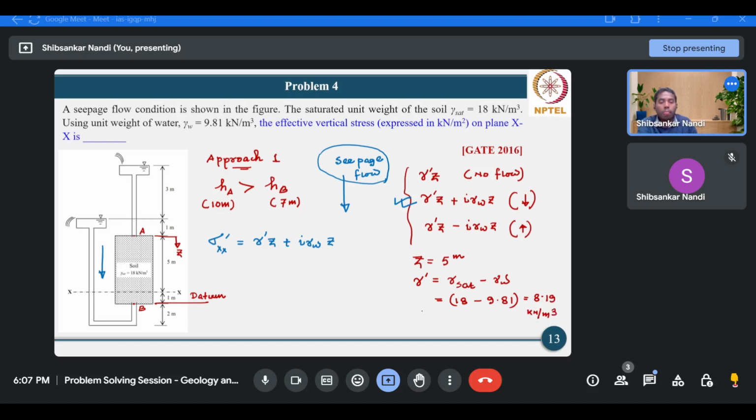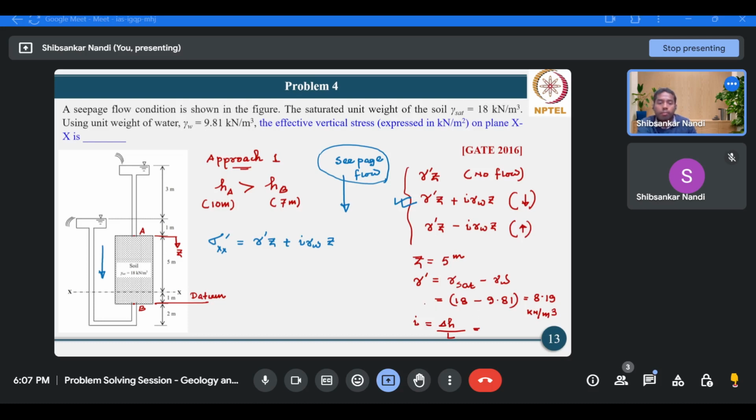And i is the hydraulic gradient. Hydraulic gradient is nothing but head lost divided by the length over which the head is lost. How much head is lost over this soil sample? The head loss is HA minus HB, that is 10 minus 7.